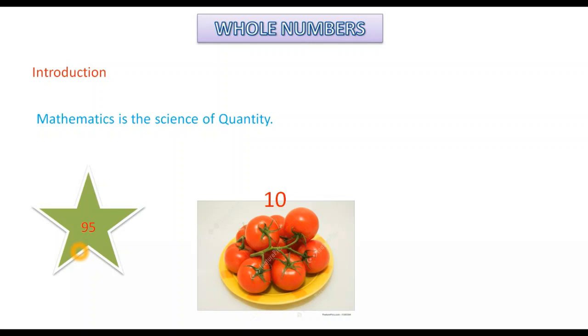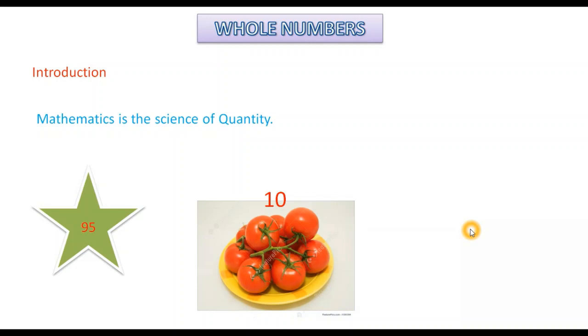But grades are also given on the basis of numbers, because your exam is a process to evaluate your performance based on the quantity of marks you scored, right? Which is given in terms of numbers.